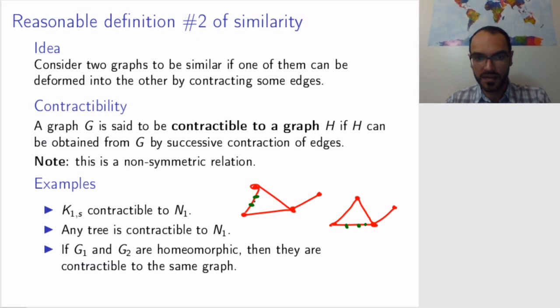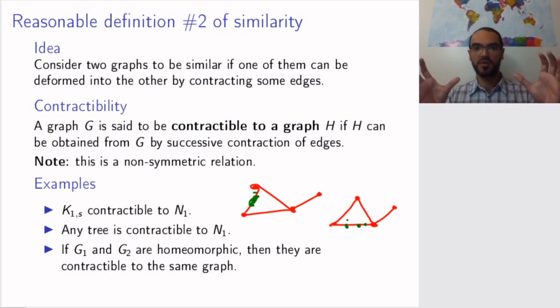Well, if I contract this edge between the 2 vertices, I will end up with just one vertex. And then I contract this edge with the one vertex, and I will get this vertex disappearing altogether, and I'll get back the red graph that I started with, the sort of ancestor graph. And same thing here. So I can always contract 2 homeomorphic graphs to their common ancestor, so to speak, so they are contractible to the same graph.